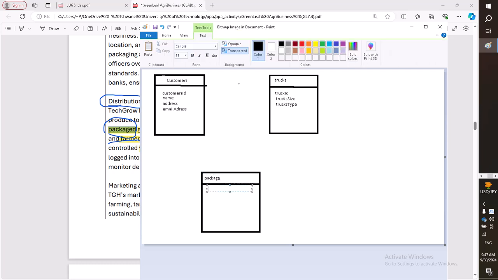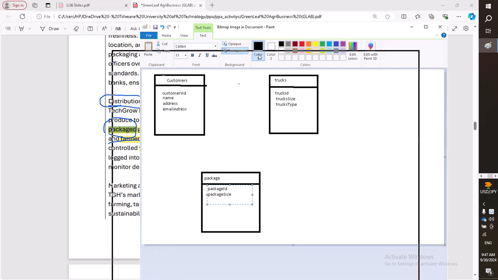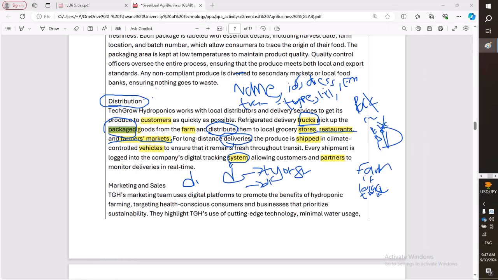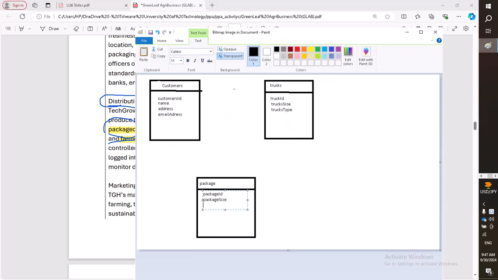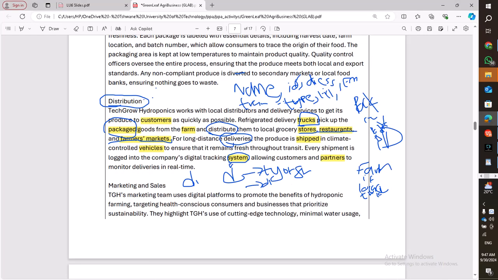In the package we look at the package ID, the package size, and how big the package is, and then the package weight.